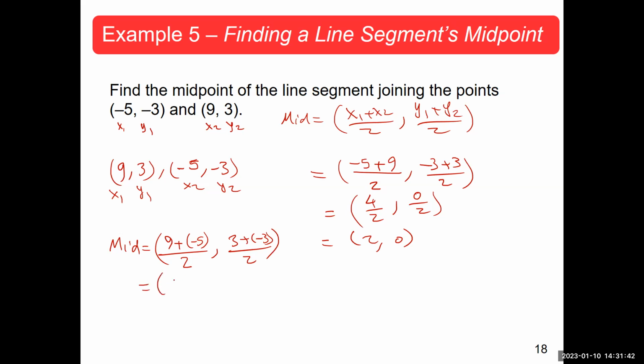That's going to be 4 over 2, same as before, 0 over 2. Same answer, shouldn't change because they are the same points: (2, 0).